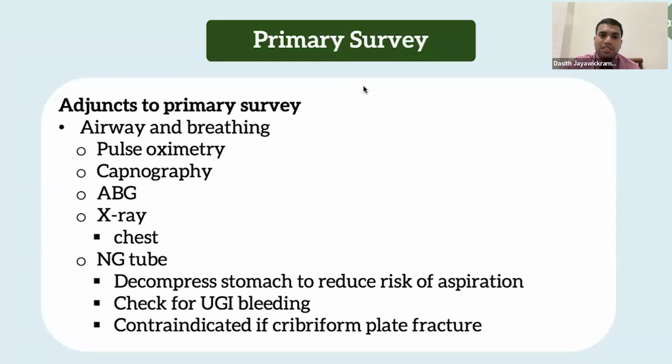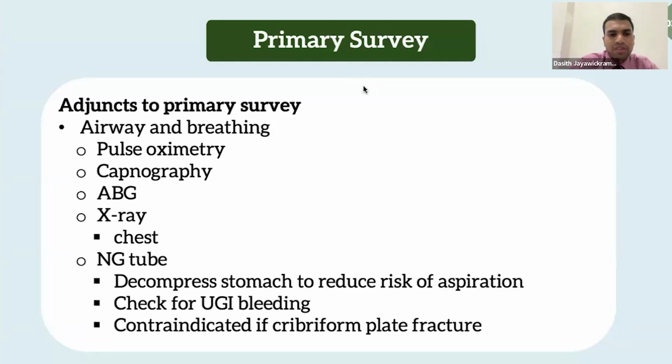Chest X-ray is part of the adjuncts in the primary survey only if a portable X-ray machine is there. If you have to take the resuscitating patient to the X-ray department to take a chest X-ray, then it doesn't become part of the adjuncts. So you can say chest X-ray is part of the primary survey adjuncts, but with context.